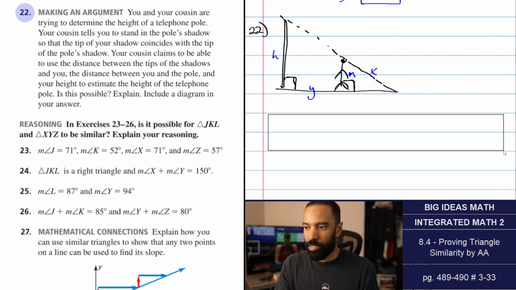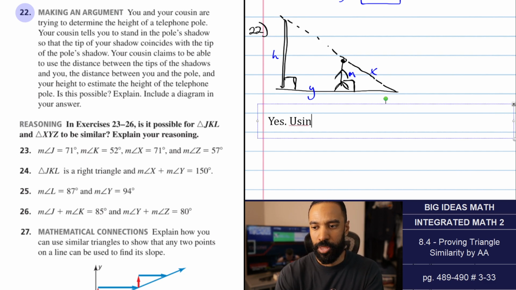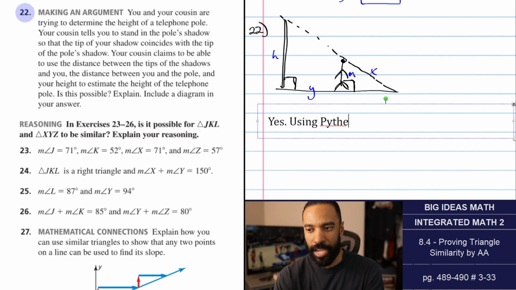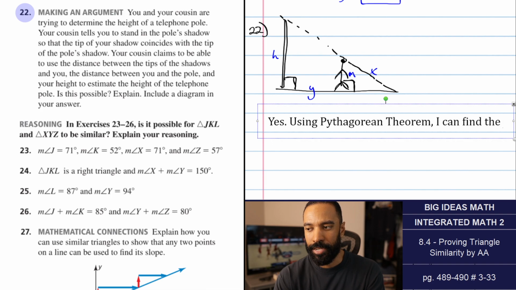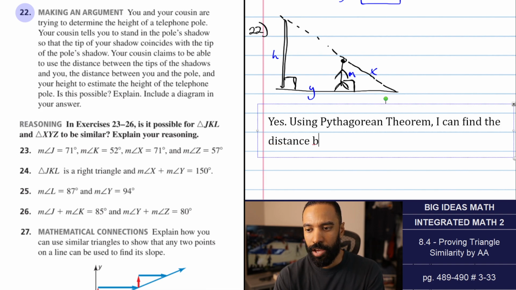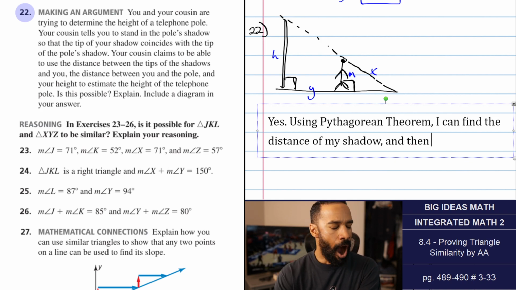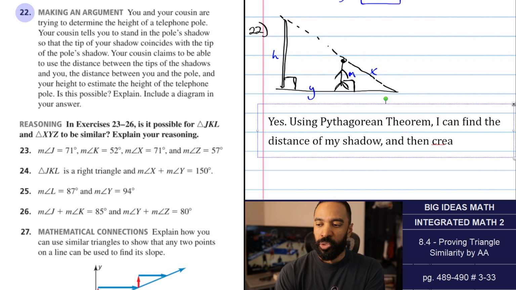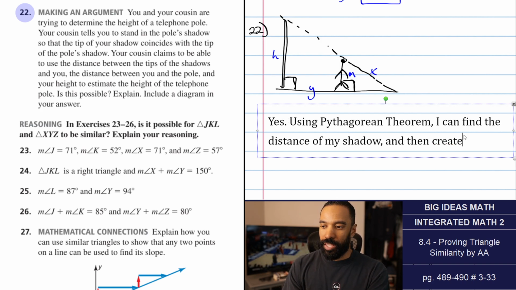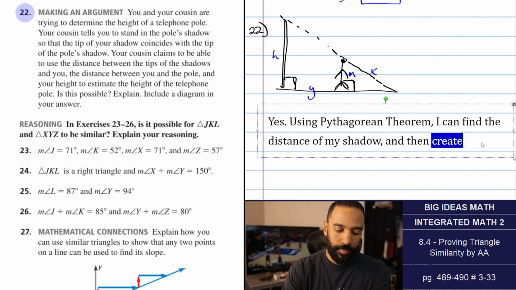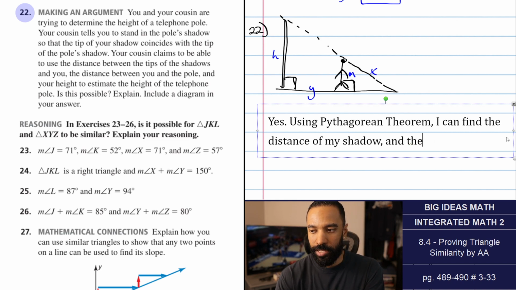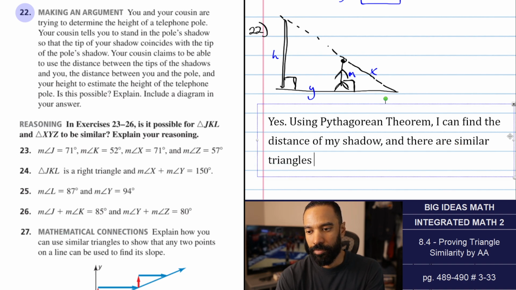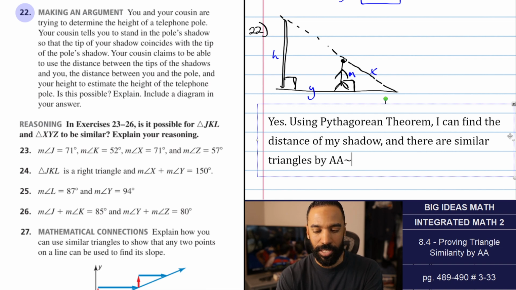So, yes, using Pythagorean theorem. As long as you understand the setup in the diagram, using Pythagorean theorem I can find the distance of my shadow, and there are similar triangles by angle. I'm just going to say that that's the case.